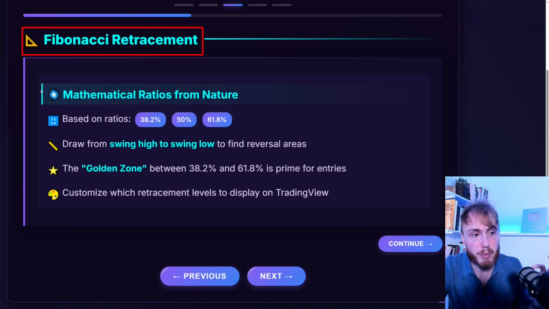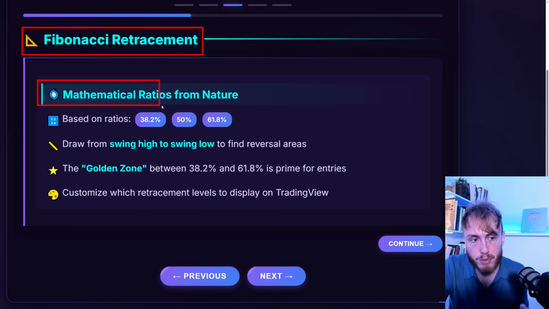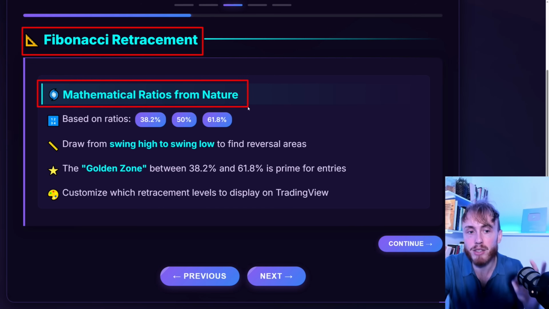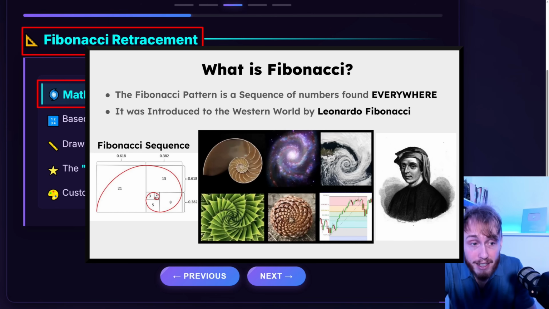First of all, the Fibonacci retracement comes from mathematical ratios from nature. There are actually super fascinating things about the Fibonacci. You will find these ratios that we use in trading in nature, in things like seashells, in galaxies. It's actually super fascinating.